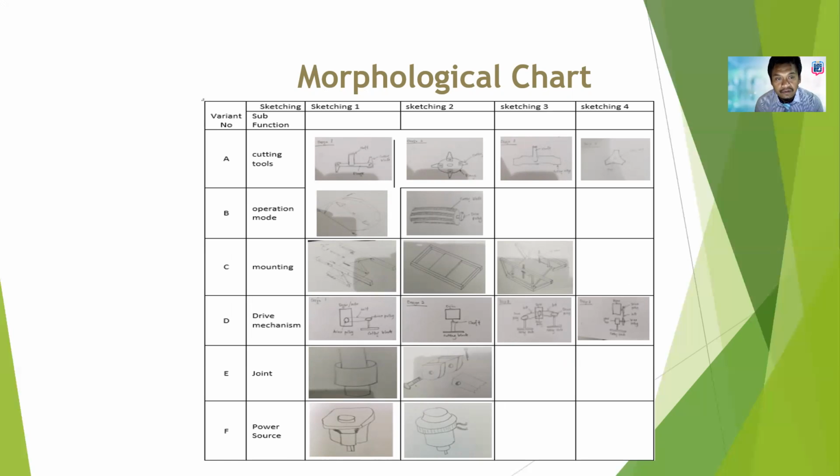The first sub-function is the cutting tools, for which we got 4 sketches. For the operation mode sub-function, we got 2 ideas. For the mounting sub-function, we got 3 ideas. For the drive mechanism sub-function, we got 4 ideas. For the joint, we got 2 ideas.